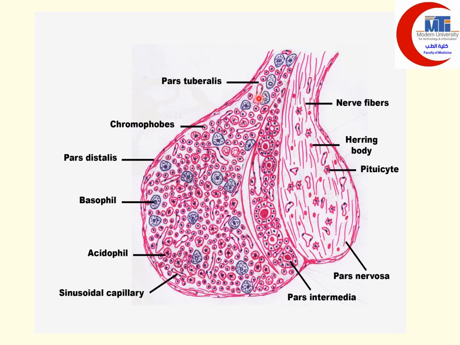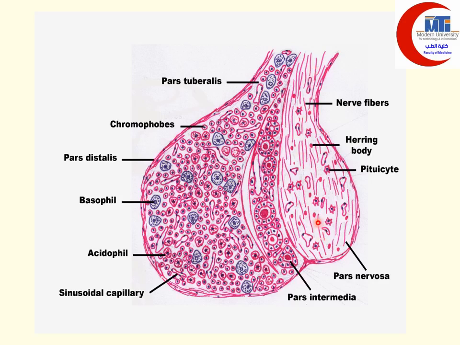And the parenchyma is formed of cells that secrete the hormones. This pituitary gland is formed of two parts, adenohypophysis and neurohypophysis. Adenohypophysis is formed of pars distalis, pars intermedia, and pars tuberalis.